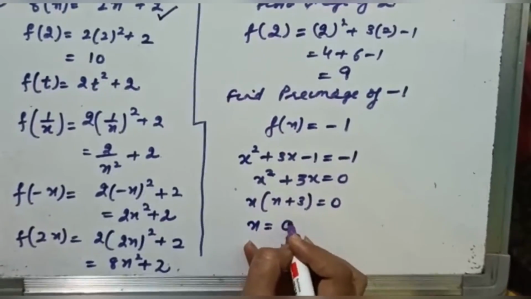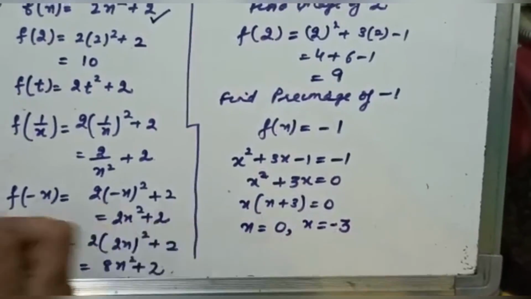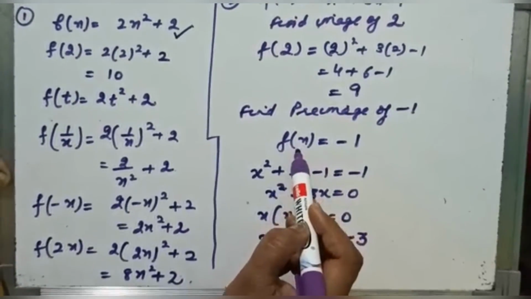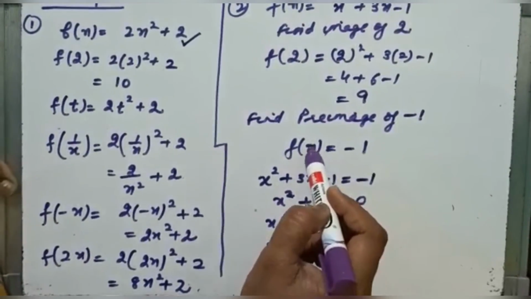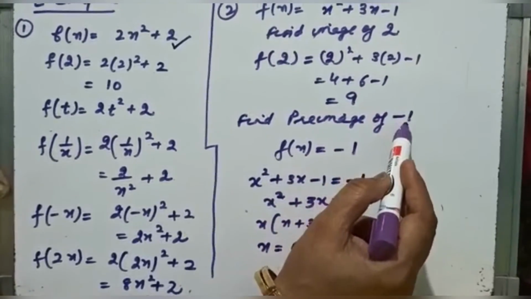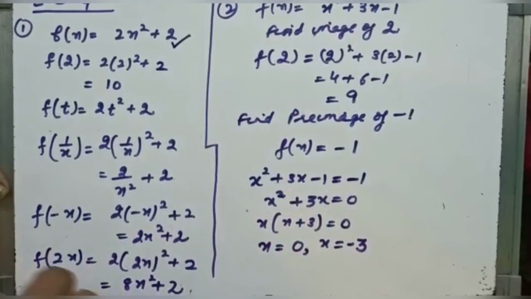So x is 0, x is minus 3. So if fx is equal to minus 1, we can easily calculate x. So find the pre-image of minus 1 means fx is minus 1 and we have to calculate the value of x.